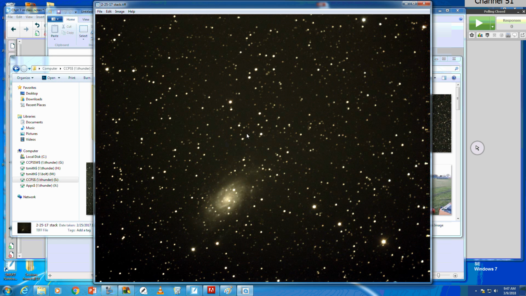So, here's an example of a very faint galaxy. Even if I looked at this with my eyes through the 14-inch telescope, I see nothing. This is an integration over an hour. So this galaxy is 300 plus million light years away from the Milky Way.